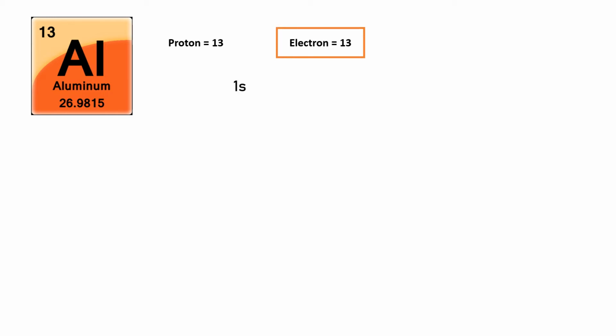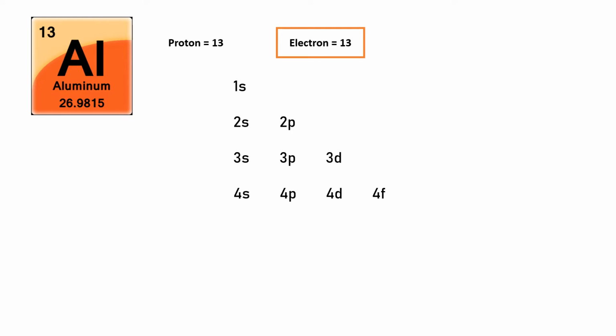Using the sublevels, we have 1s, 2s, 2p, 3s, 3p, 3d. But you can also add, if you want, 4s, 4p, 4d, 4f. You can actually use more than that because of other elements having greater atomic numbers.